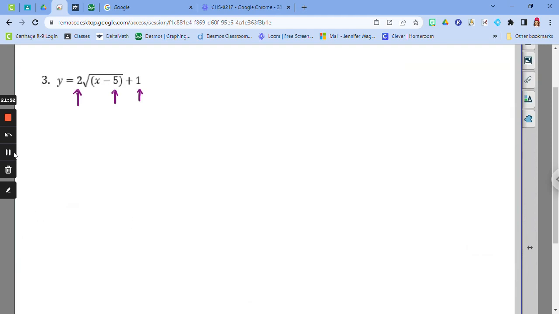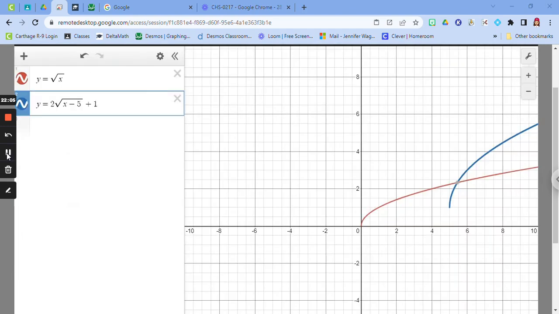So this is the first one that we're actually going to get to see. You would see the difference between a reflection over the x versus a reflection over the y-axis. All right, so the curve is still going the same direction, so there's no reflection at this point.